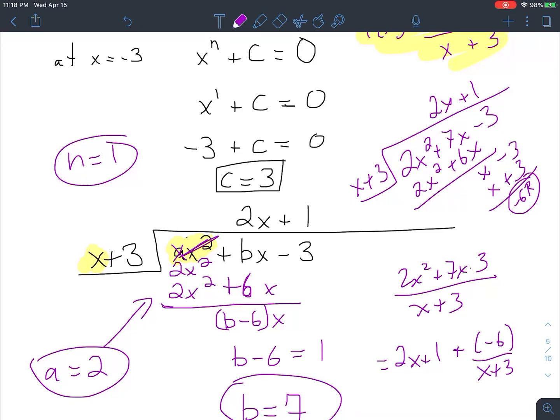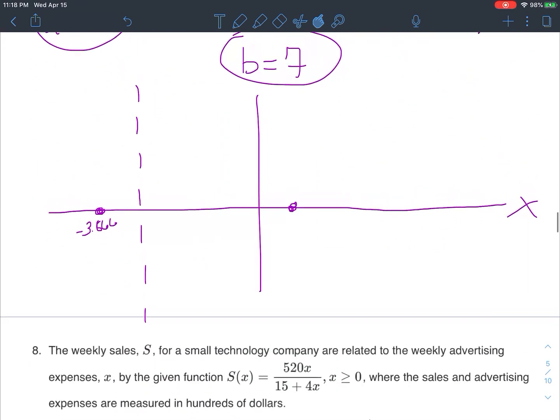If I plug in a really big number for x, that's going to be a negative divided by a positive. It's going to be a little tiny number, but it's going to be negative. So it's going to be a little bit under the asymptote. Right, so 2x plus 1 is our asymptote.